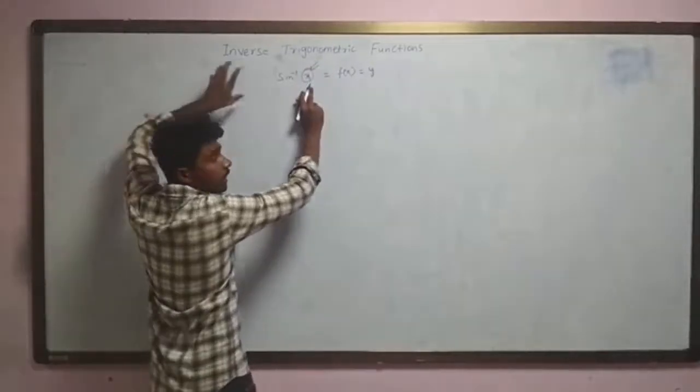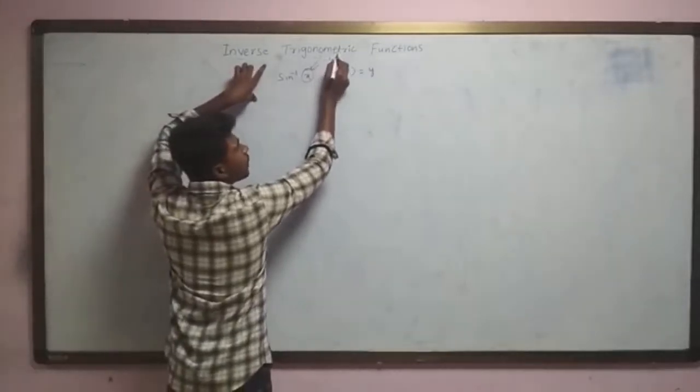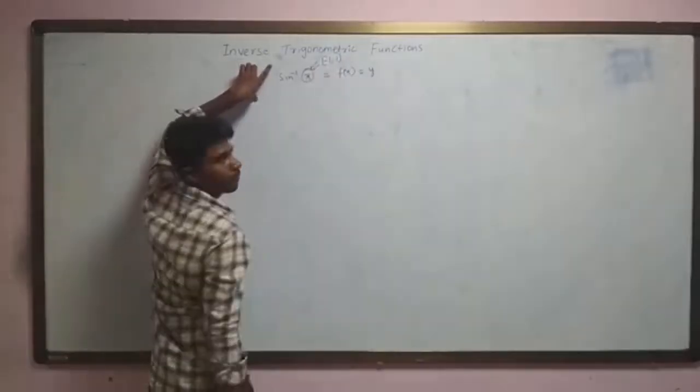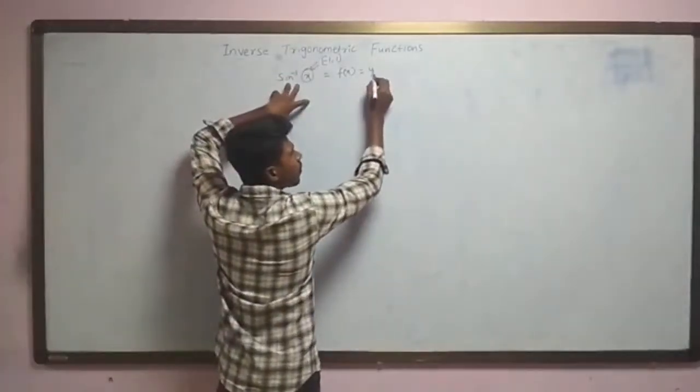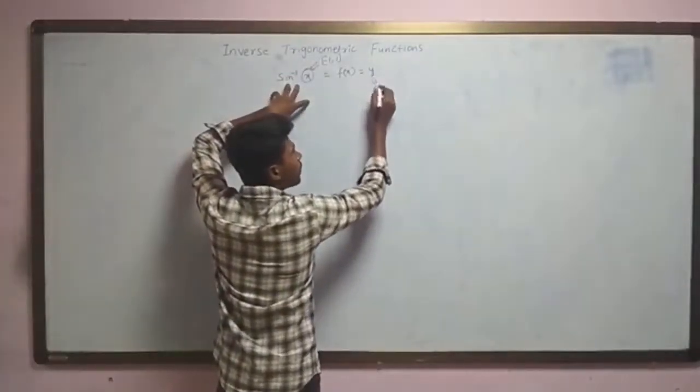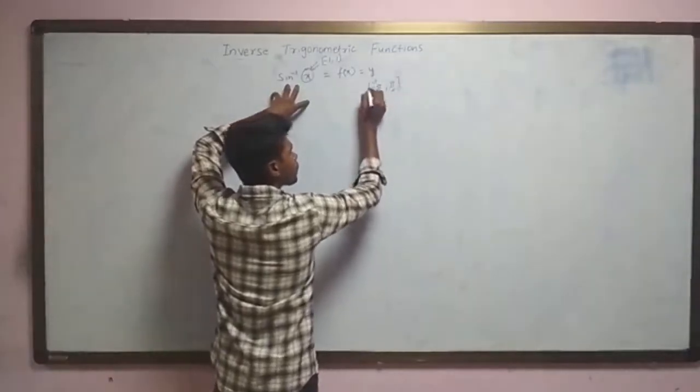Sine inverse x is defined for x values between minus 1 and 1, and if I substitute these values, I get values of y which lie in between minus pi by 2 and pi by 2.